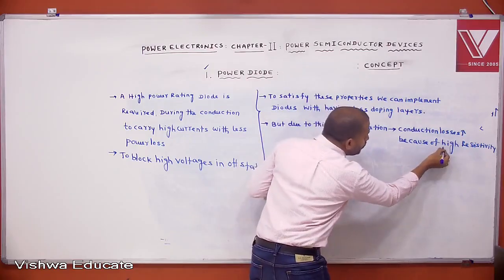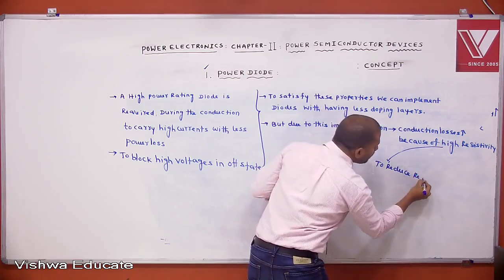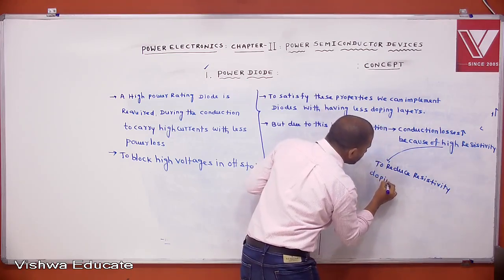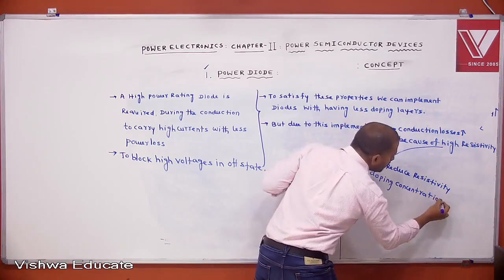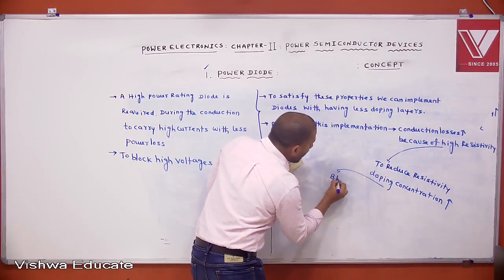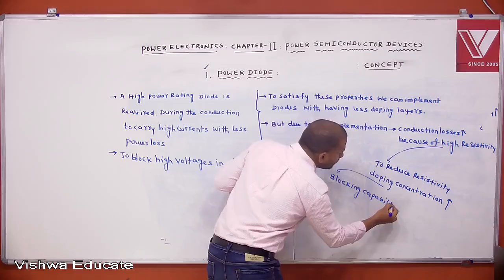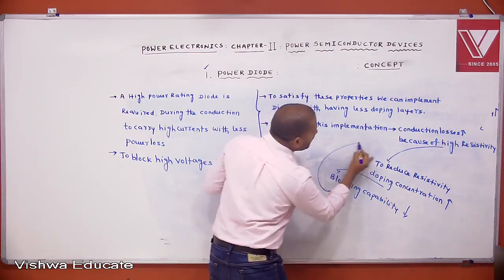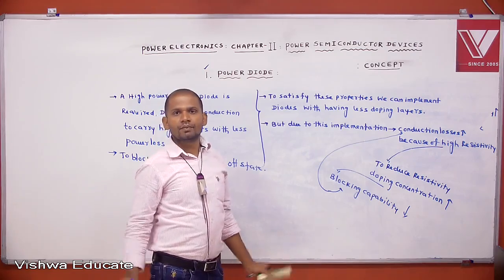Then to reduce resistivity, what can you do? The doping concentration is increased. If the doping concentration increases, blocking capability reduces. Hence, there is a contradiction between conduction losses and blocking capability. Understood or not?